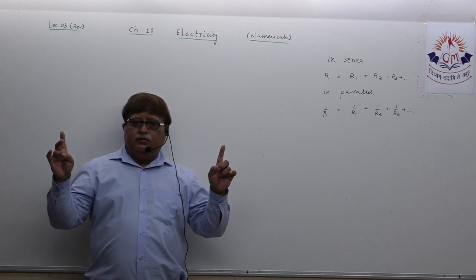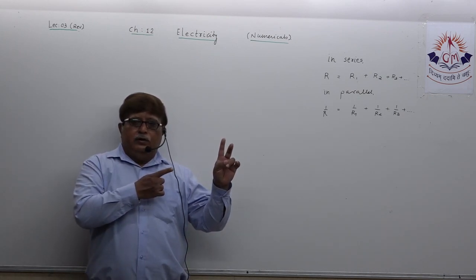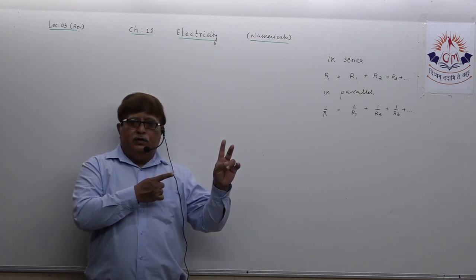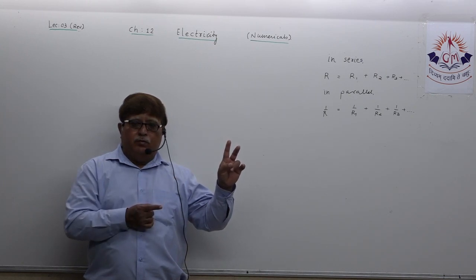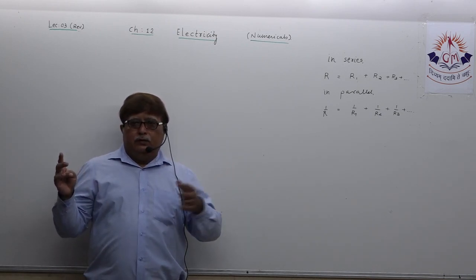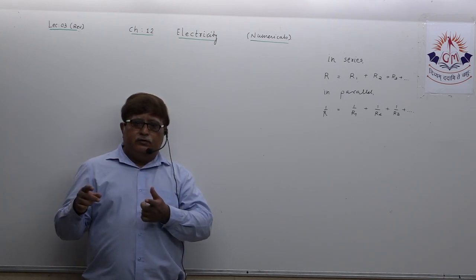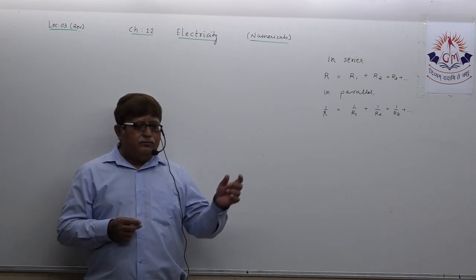Equivalent resistance is the algebraic sum of all resistors connected in series. In parallel, the reciprocal of equivalent resistance is the sum of the reciprocals of all resistors. Fourth point: the value of equivalent resistance is greater than all resistors connected in series.